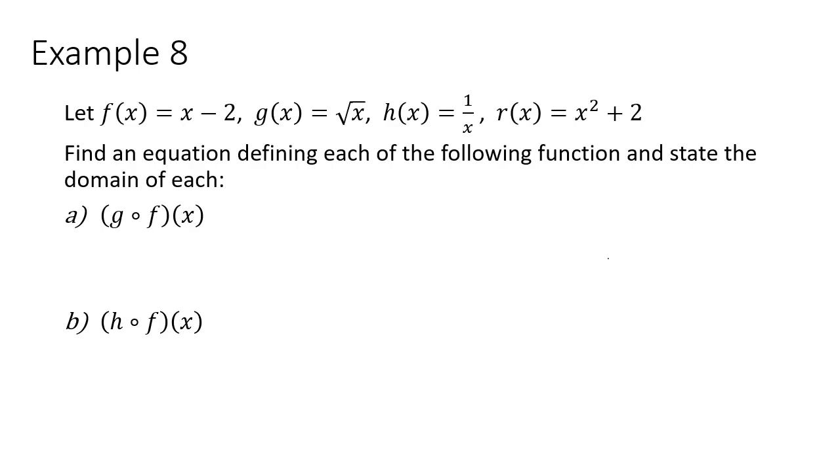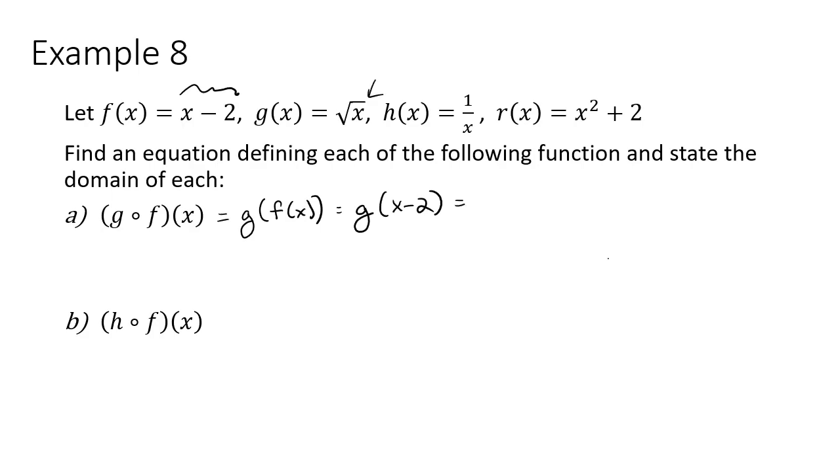So we're going to begin with g composed with f of x, which by definition is g of f of x. Again, I'm just going to replace f of x with what it's equal to, x minus 2. Now this just becomes function evaluation. I'm evaluating g at x minus 2.